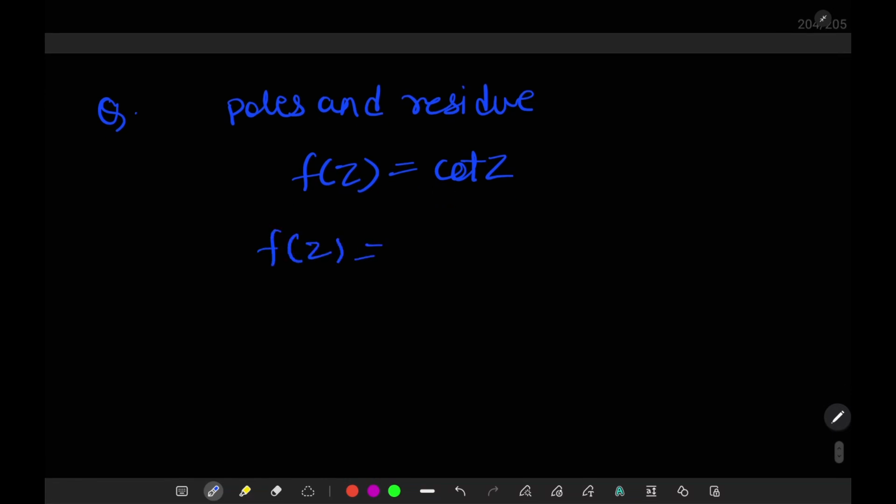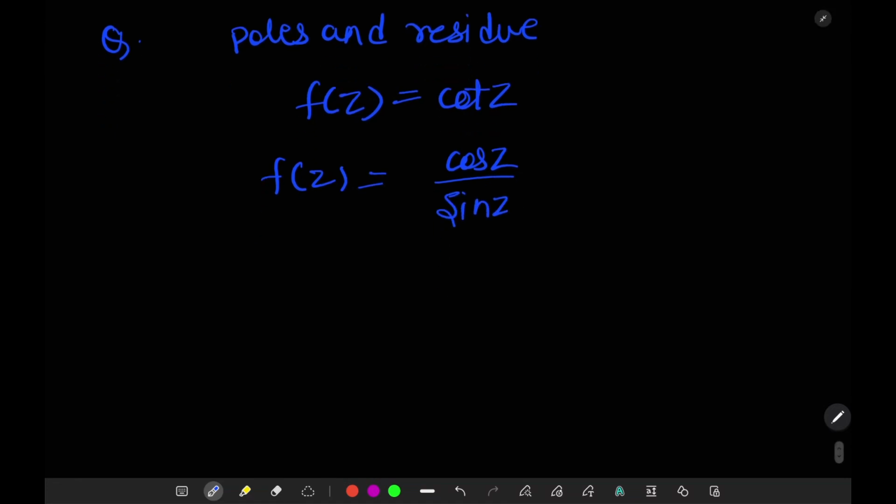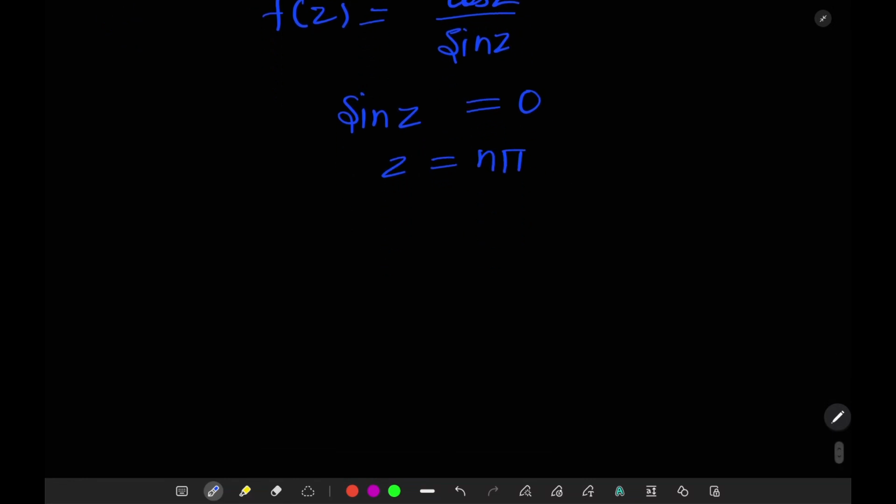Now we can write f of z equals cos z divided by sin z here. Now putting denominator equals to 0, here we can write z equals to n pi, where n equals to 0, plus minus 1, plus minus 2 up to so on.